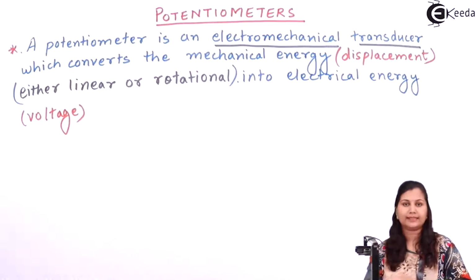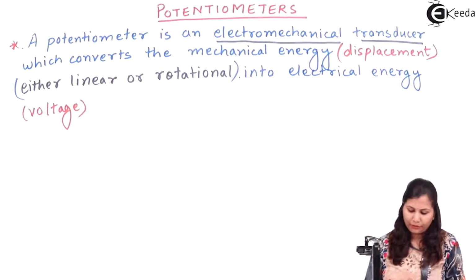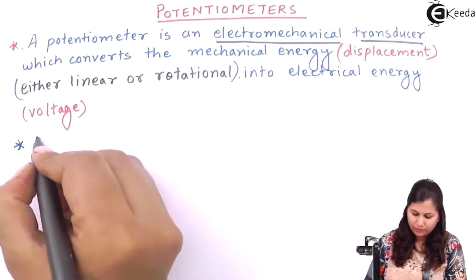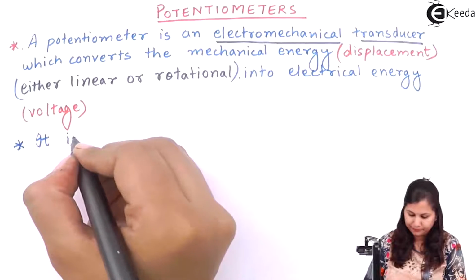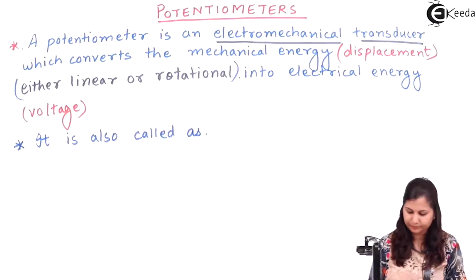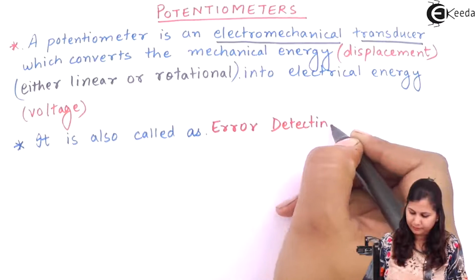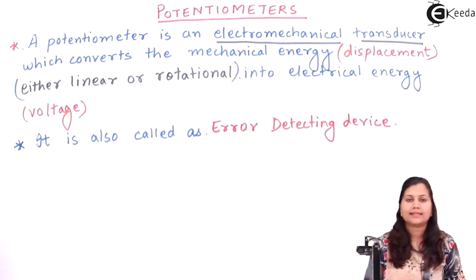So potentiometer is also called the error detecting device, because it is used as an error detector in the control systems.